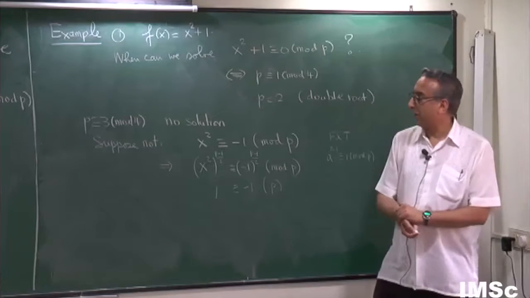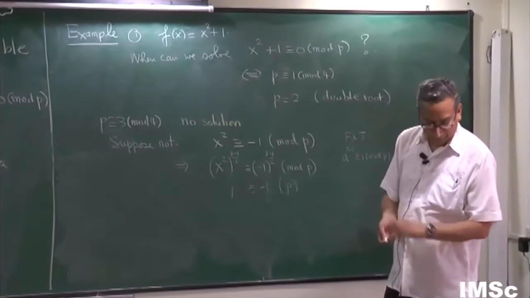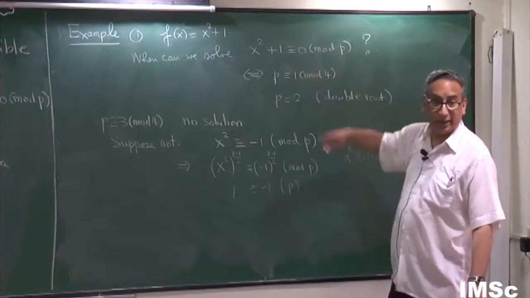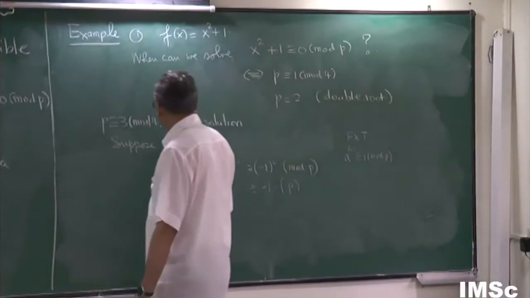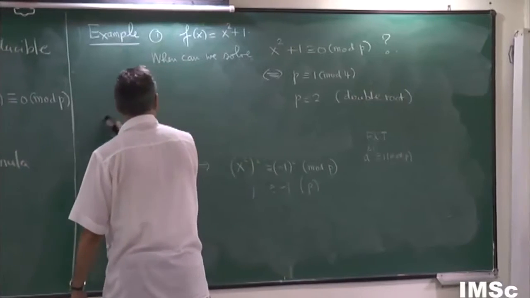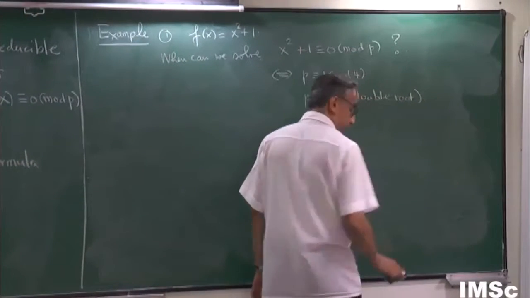Fair enough? So if there is a solution, p has to be congruent to 1 mod 4, or p is 2, of course, which you can do by inspection. All right. Let's do p congruent to 1 mod 4. Let's try and show that there is a solution.